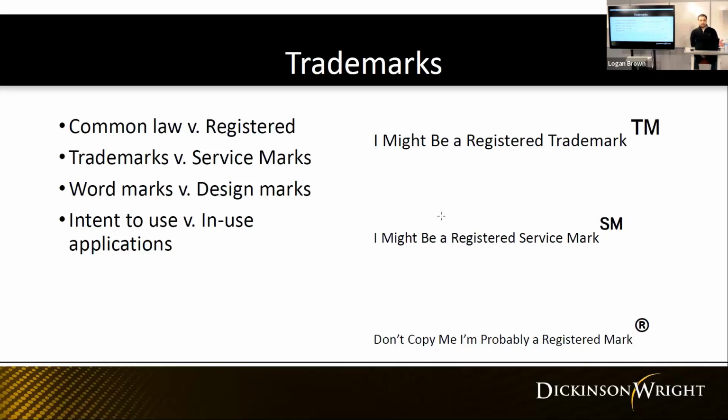If somebody starts using that name to sell the same products, fruit, in, let's say, New York, because your rights are not registered, they're common law rights, you're only allowed to protect those rights typically in the geographic area where you practice. So those common law rights may only be enforceable in the states in which you operate. In this case, in the example, only in Nevada. If you pursue a registration and are successful, you can enforce those rights throughout the United States.